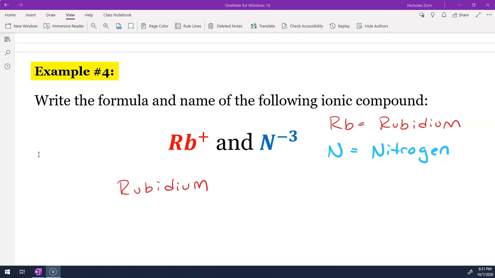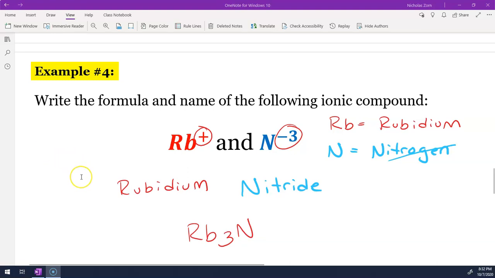Nitrogen is one of those goofy ones that you need to remember the way that it's rewritten. It's not going to be nitroide, it's actually going to be nitride. So we drop the whole TROGEN, so just nitride. We have a charge of +1 and -3, so we're going to need 3 rubidiums. So Rb3N. 3 rubidiums, each with a +1, will cancel out the -3 on the nitrogen.